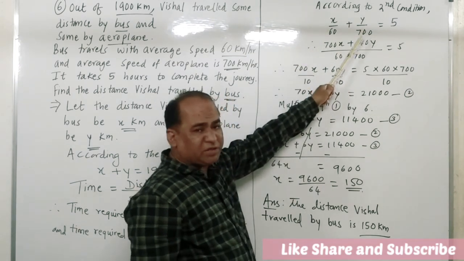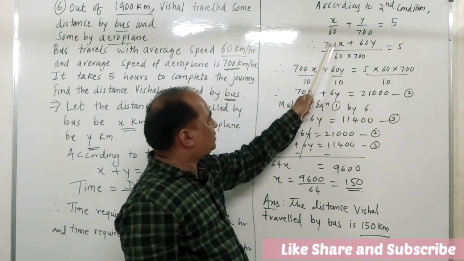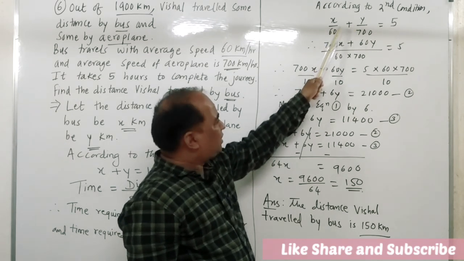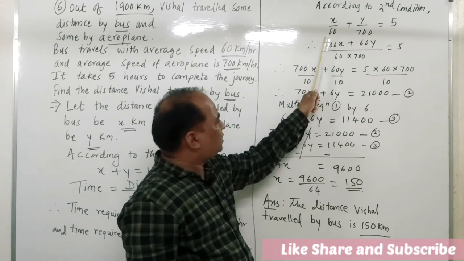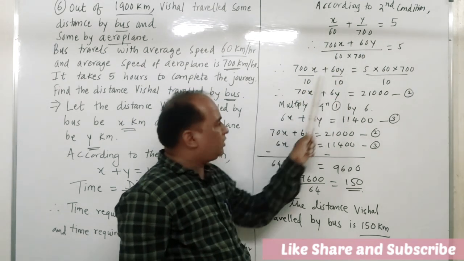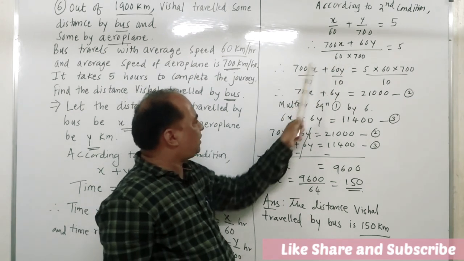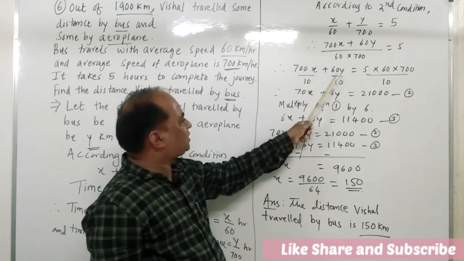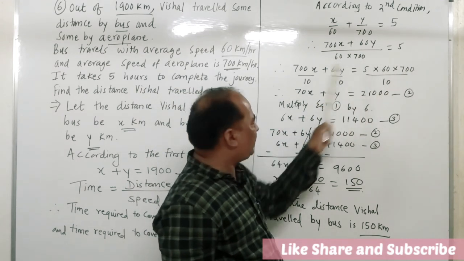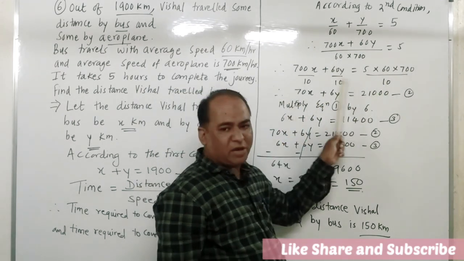Now do the cross multiplication here. x into 700 is 700x plus y into 60 is 60y, upon 60 into 700, is equal to 5. So 700x plus 60y is equal to 5 into 60 into 700. Divide the entire equation by 10.